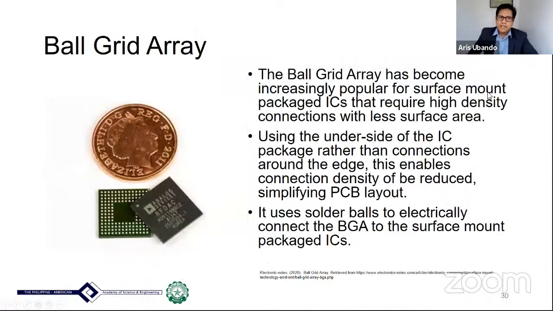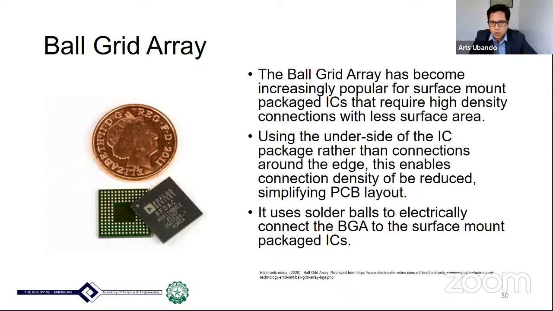So what is a ball grid array? The ball grid array has become increasingly popular for surface mount packages or package ICs that require high density connections with less surface area. Using the underside of the IC package rather than connections around the edge, this enables connection density and reduced and simplified PCB layout.